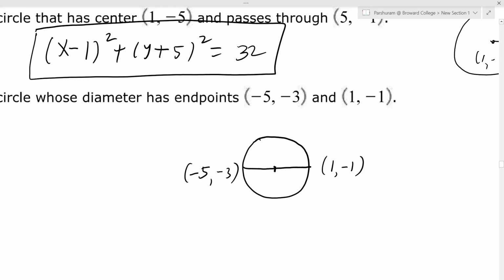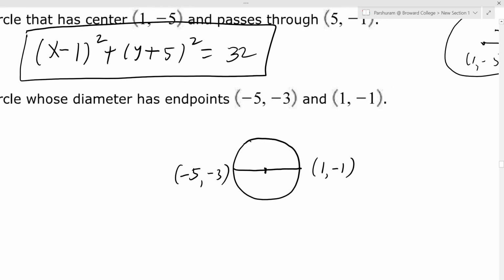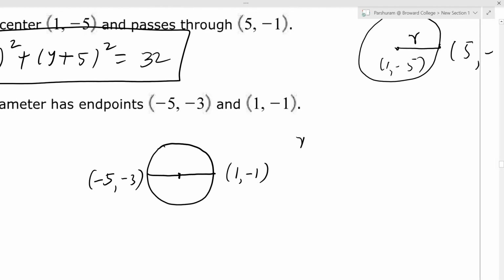So to find the radius, we can find the distance between these 2 points and divide it by 2, because the radius would be half of the diameter. And to find the center, that's the midpoint of these 2 points. So I'm going to first find the distance by using the distance formula, which is x2. Let's say this is x2, y2 and this is x1, y1.